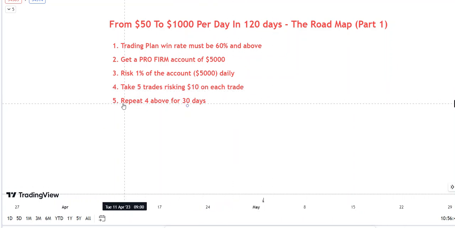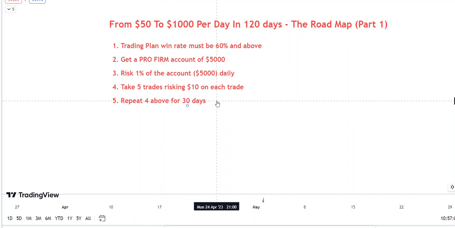Then the last item on this part is that you are going to repeat the steps above. You are going to be risking $50 daily, $10 on each trade.